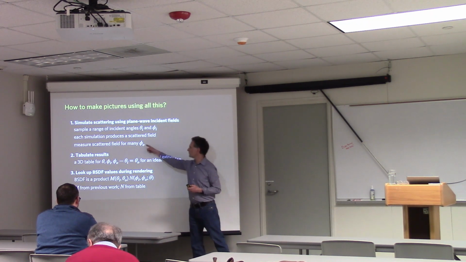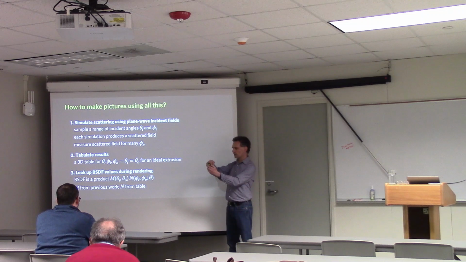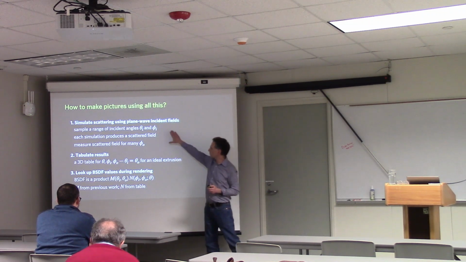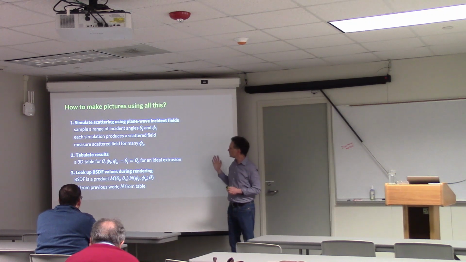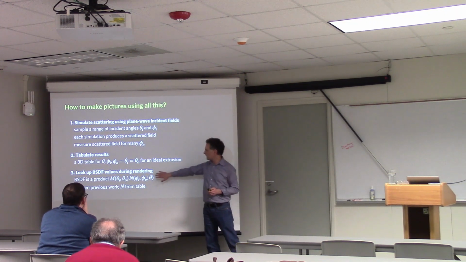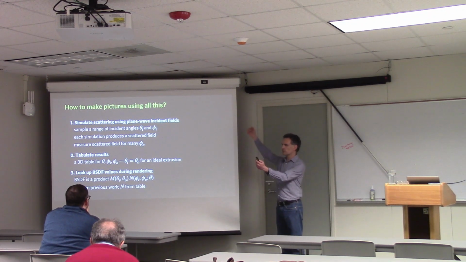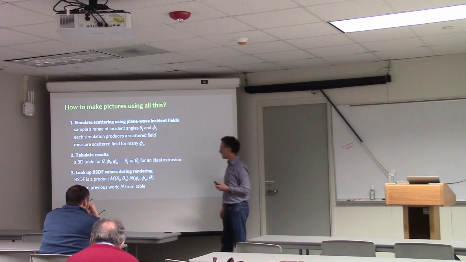And the scattered field tells me, when the light comes from here, how is it spread around the reflection cone. So I end up with a 3-dimensional table, which is doable. It's not too terrible. And then I can store that table, and then during rendering, when somebody asks me, okay, this fiber is lit from this direction, and I'm viewing it from that direction, what's my reflection factor?